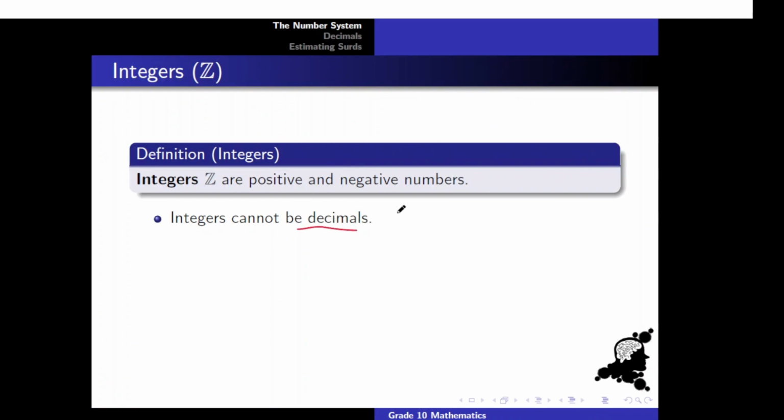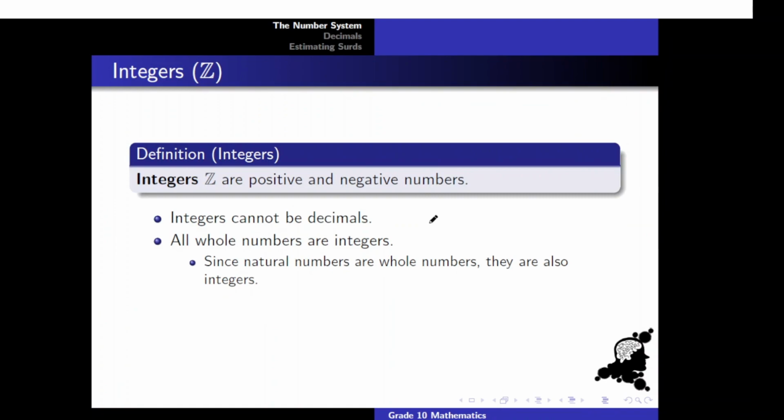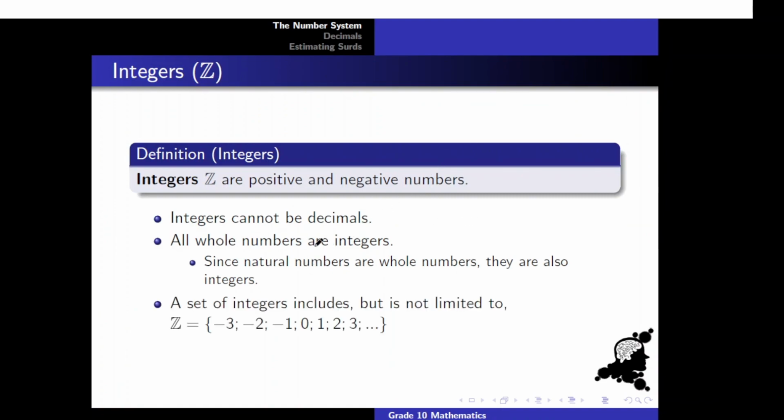Integers cannot be decimals. Integers can be negative, as we see here. Integers can also include the number 0. All whole numbers are integers, so natural numbers are also integers. The set of integers includes, for example, negative 3, negative 2, negative 1, 0, 1, 2, 3, etc. In this case, we do not have a minimum value for integers.